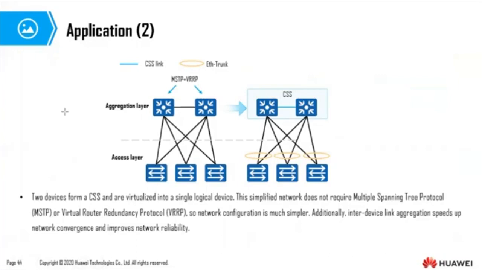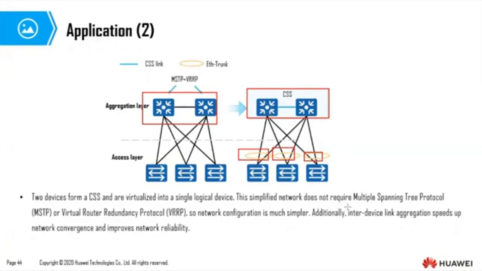Okay. So, of course, as we said earlier, when you implement, for example, CSS, then you're going to combine these two into a single logical switch, right? So once you do that, you are also expected to use Ethernet trunks to bundle up these particular links, because now they are connecting to one logical switch. So once you do that, you no longer need to deploy STP, as we have already said.